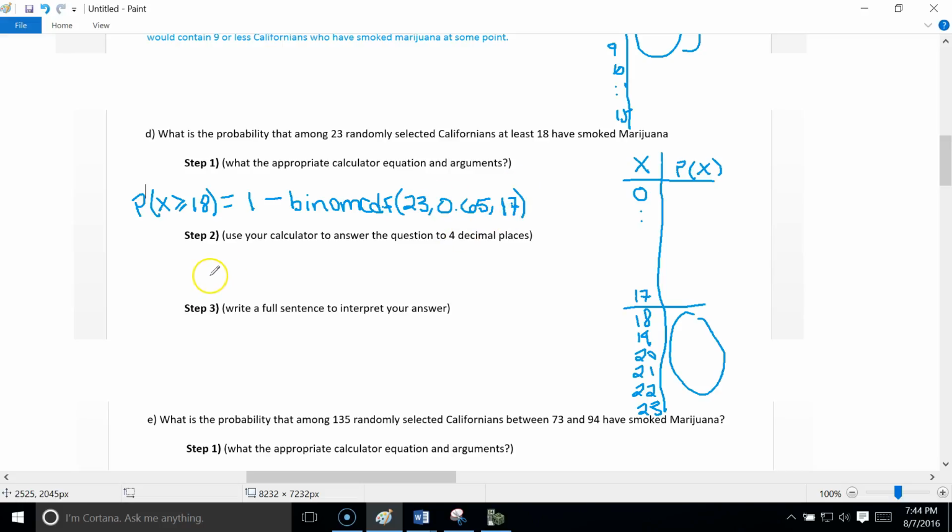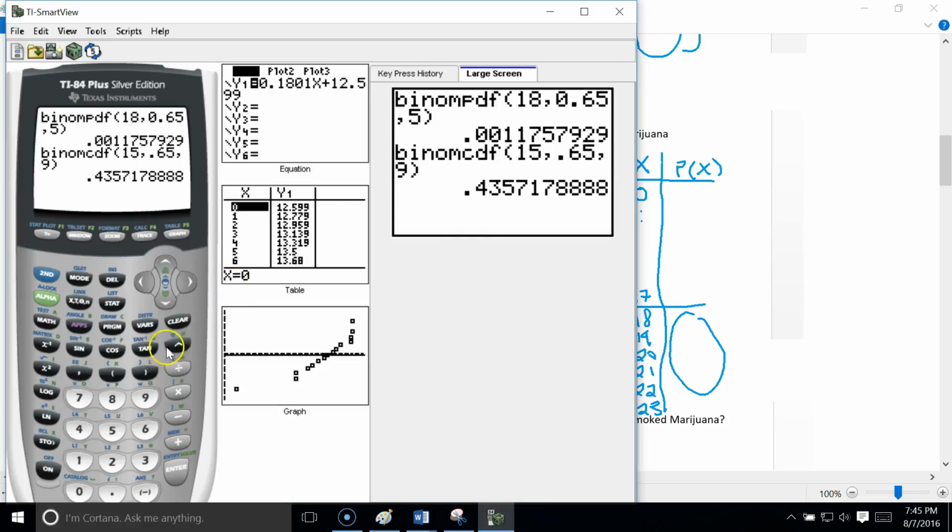Okay, so probability that x is greater than or equal to 18 is equal to 1 minus binomial CDF of 23, 0.65, 17. And if we look at our calculator and get an answer for that, we'll get the following. Clear.